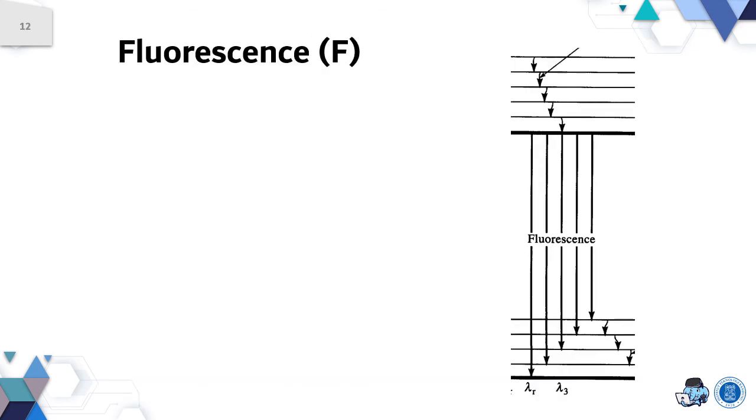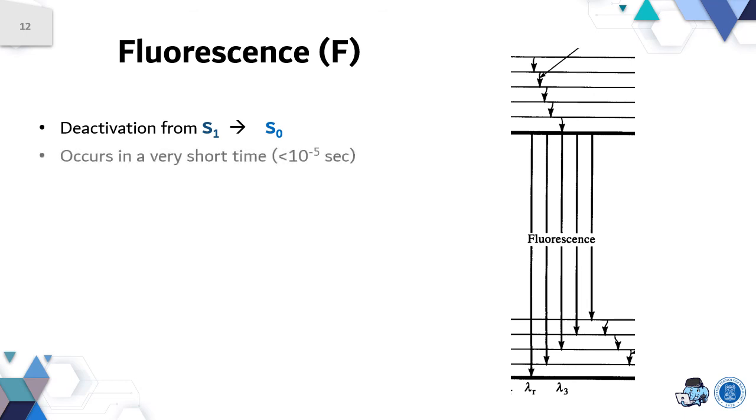And then we can talk about fluorescence. After all of the radiationless relaxation, now we have the radiation emission. Fluorescence is the de-activation from S1 to S0. See, it always goes from S1 to S0, not S2 to S0. And it occurs in a very short time, like I said before, less than 10 to the power minus 5 seconds.